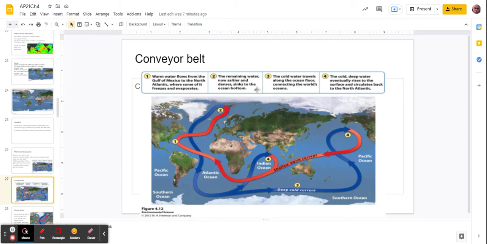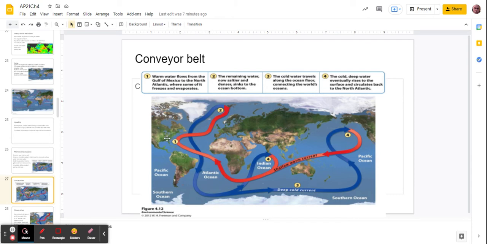It's saltier and it sinks. The cold water goes along and then it comes up in certain places. Now you've got a shallow warm water current that comes off of here and helps drive, again, our trade, which follows those currents. Okay, but not only does it drive trade, but it drives climate.